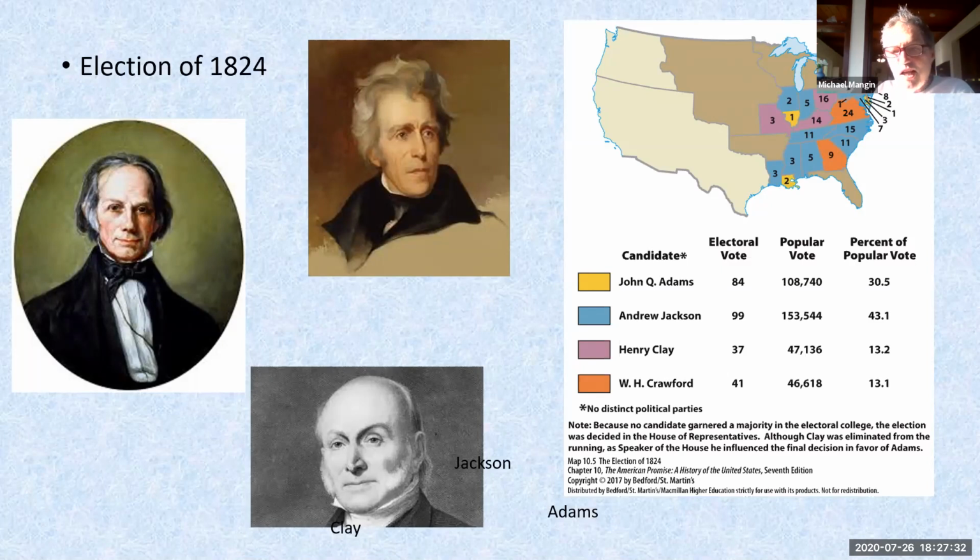And Clay, who could not be elected according to the Constitution, since the Congress had to choose from the top 3 finishers in the Electoral College, backed Adams, and Adams became the next president.